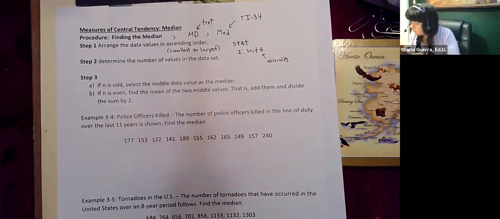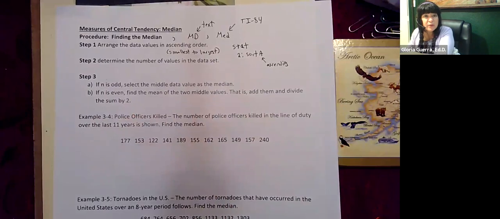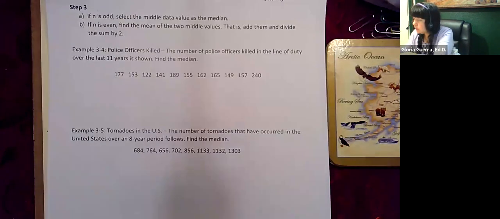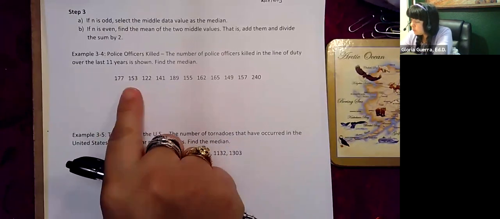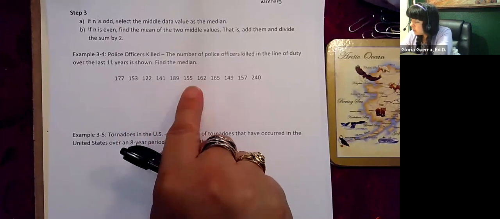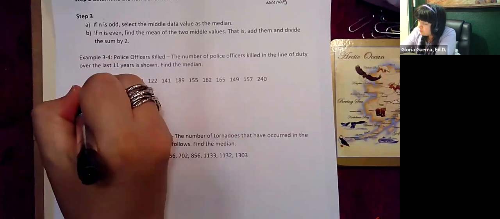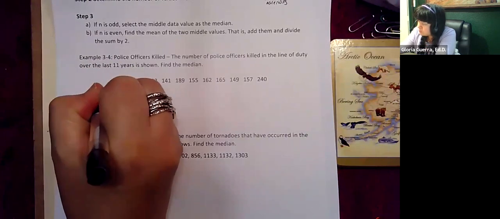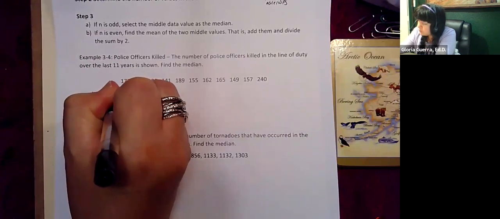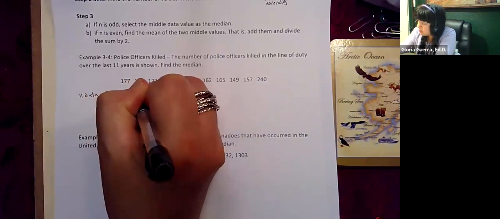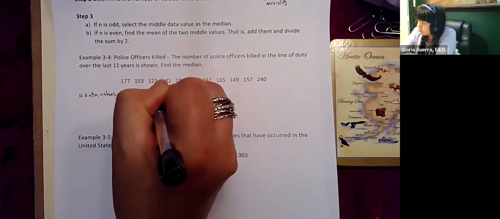We have two examples here. I think one has an even, one has an odd. Let me count. 1, 2, 3, 4, 5, 6, 7, 8, 9, 10, 11. So 11 data values, and that's an odd amount.